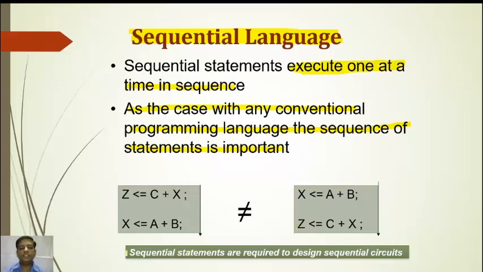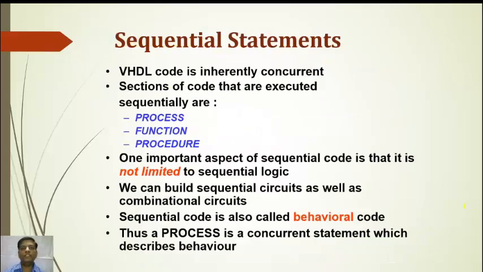Sequential statements are required to design sequential circuits. So what are the sequential circuits? VHDL code is inherently concurrent. Sections of the code that are executed sequentially are process, function and procedure.